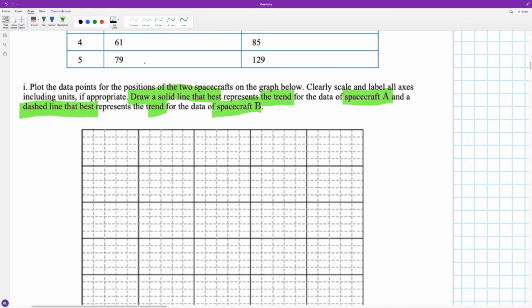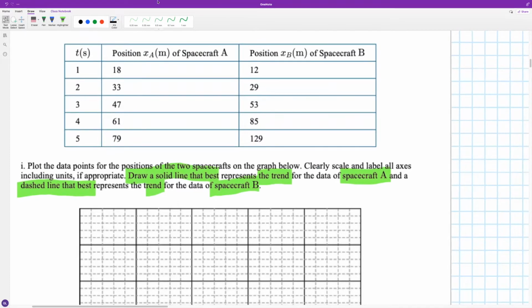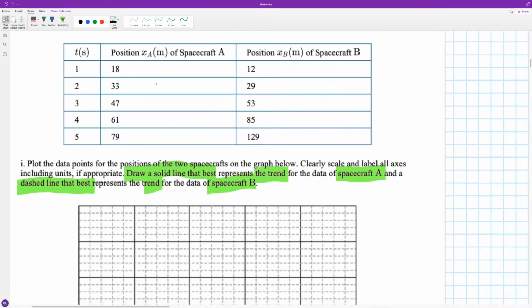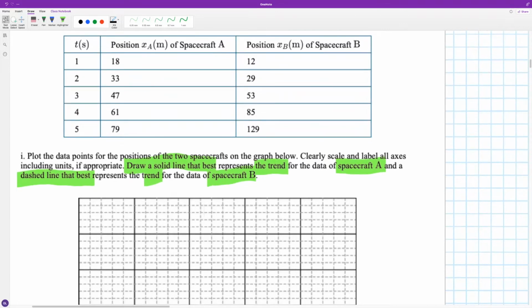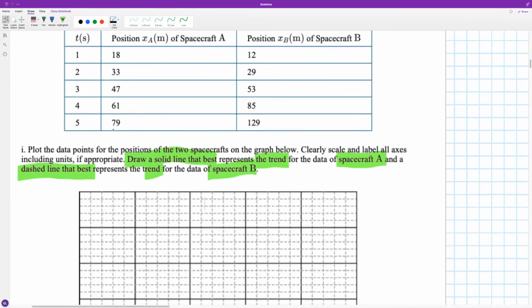Alrighty, so let's go ahead and take a look here. So plotting these can always feel a little bit intimidating or tedious because the numbers don't look nice, easy, and clean to plot as we may be used to in other classes.